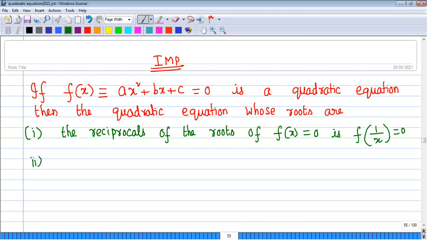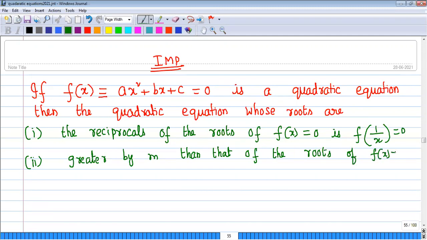Second step. Greater by m than that of the roots of f of x is equal to 0 is.